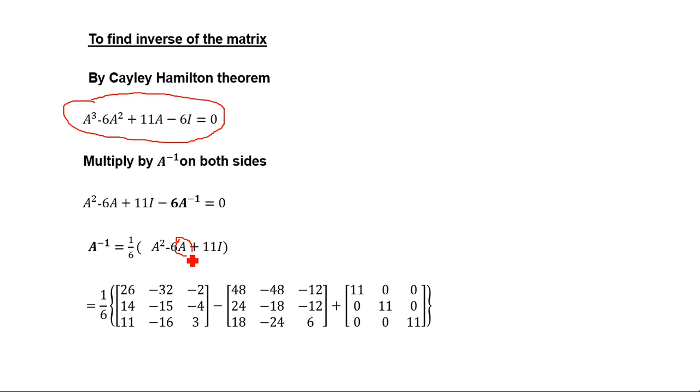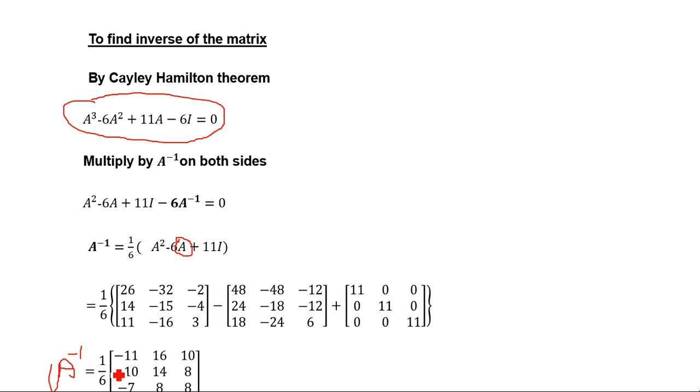already we know that A, that is the given matrix, multiply with the 6, you will get this matrix. And then plus 11I. 11I is 11 0 0, 0 11 0, 0 0 11. Then on calculating this matrix, you will get that A inverse equal to this.